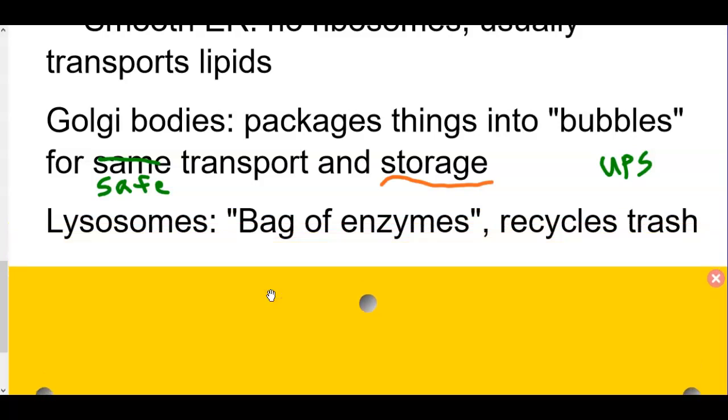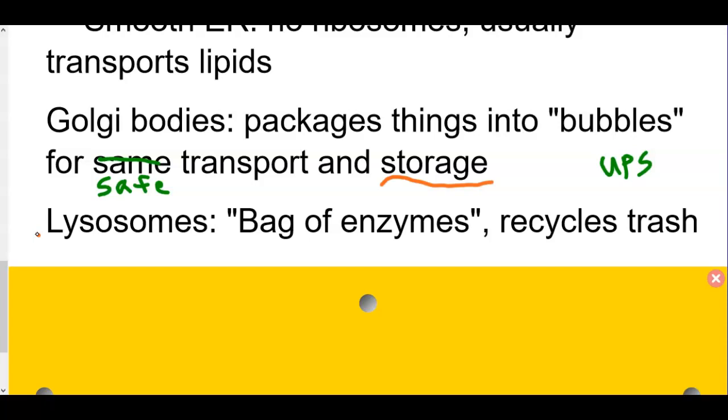Okay, now our next little thing also looks like a little bubble, and it's called a lysosome. And if you think about the beginning of this word, lyso, kind of like Lysol, the cleaning stuff for your house. It's used to kill germs, and what it actually does is Lysol will break apart the cell wall and membranes of some bacteria.